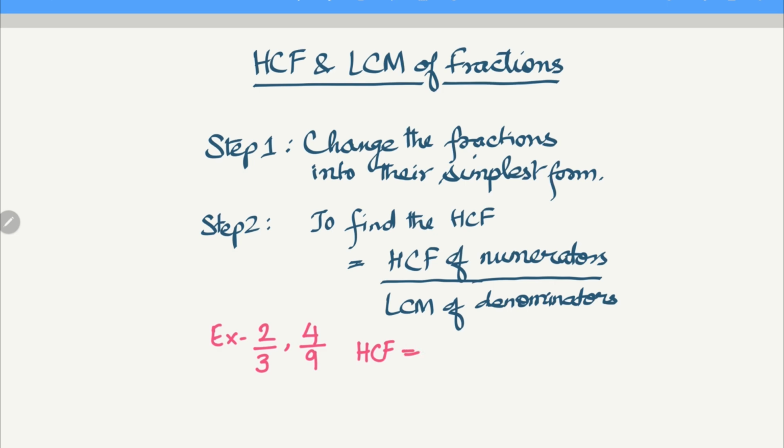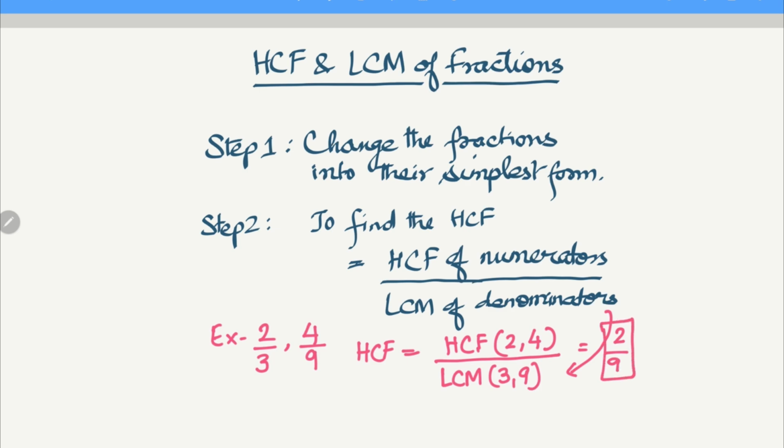The next step is to find the HCF. Finding the HCF means we find the HCF of the numerators, which would be 2 and 4, and the LCM of the denominators, that is 3 and 9. So HCF of 2 and 4 would be 2. LCM of denominators 3 and 9 would be 9. So 2 upon 9 is the HCF of these two fractions.